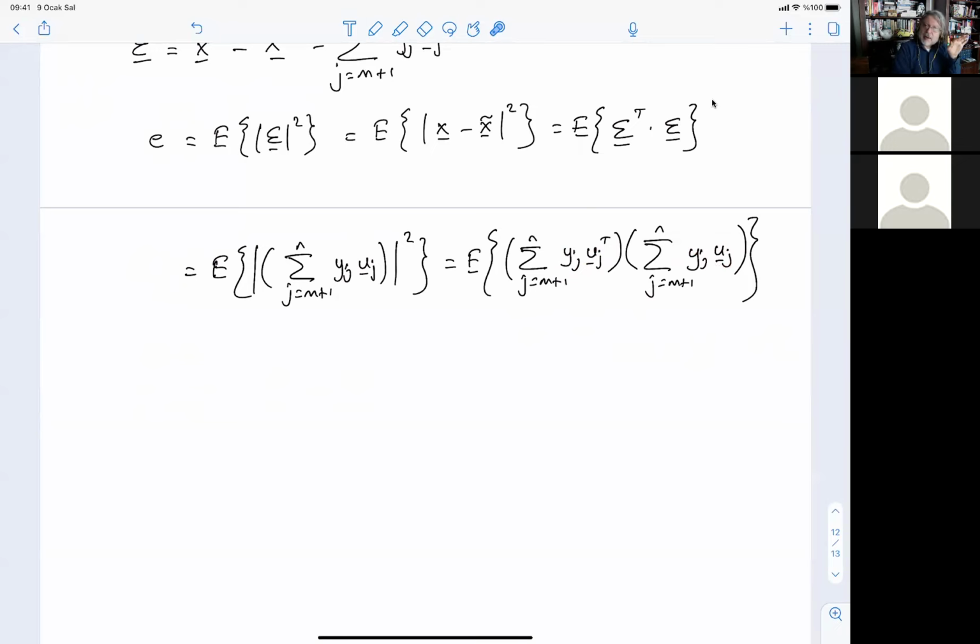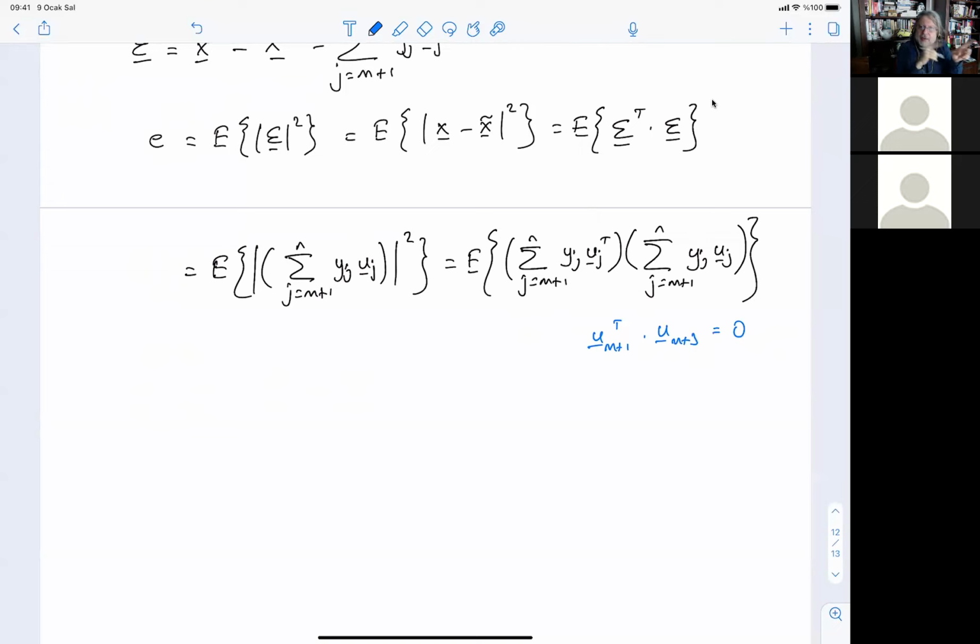And when you multiply u_{m+1} transpose times u_{m+3}, for example, this is equal to 0. Why? Because these are basis signals. The u_j's are basis signals, and basis signals are orthogonal to each other. They are non-orthogonal only to themselves.